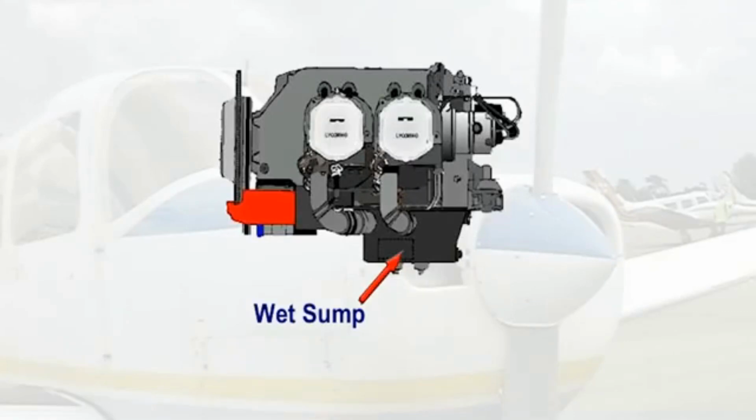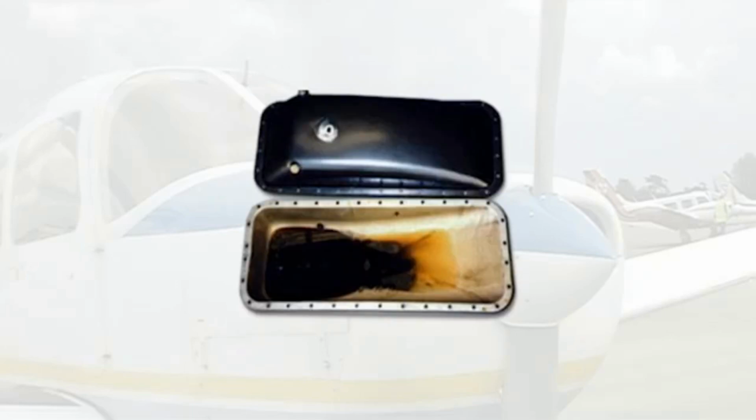The second disadvantage of the wet sump lubrication system is that the temperature of the oil is more difficult to control, because it's stored within the engine in the sump, which itself is hot. A third disadvantage of the wet sump oil system is that the oil becomes oxidized and blackened by the continual stirring action of the crankshaft and the connecting rods.